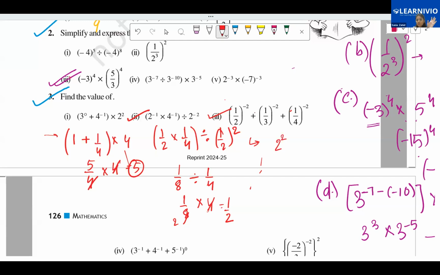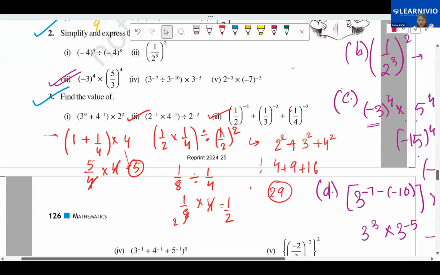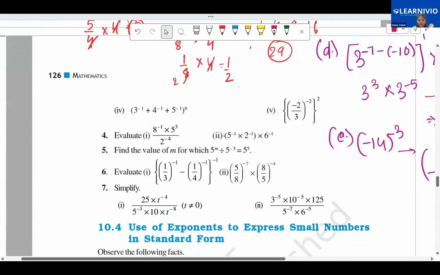No, 2 raised to 2, when you reciprocal. Then 2 raised to 2 plus 3 raised to 2 plus 4 raised to 2. So you square them and add them. 29. Right? You get 29 as your answer.